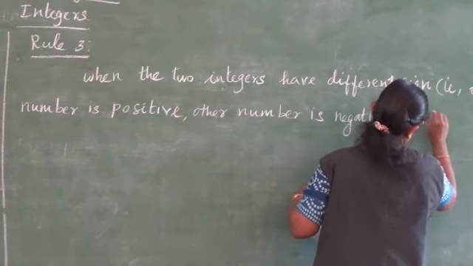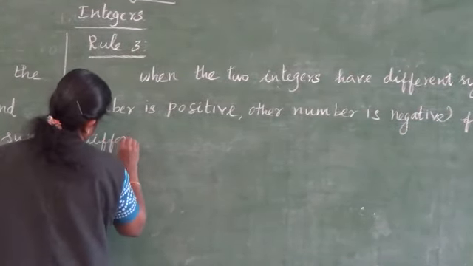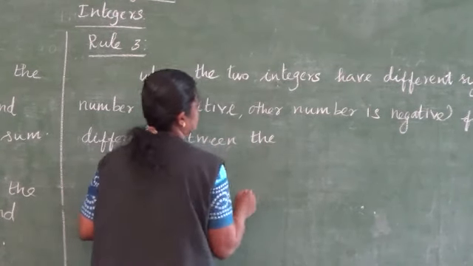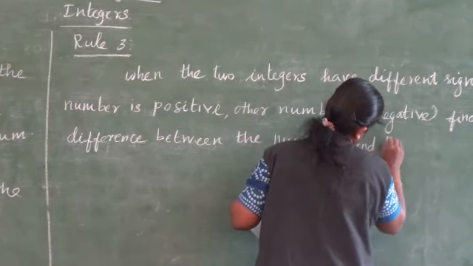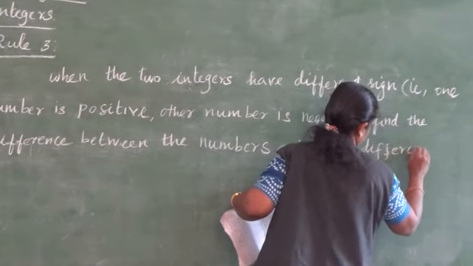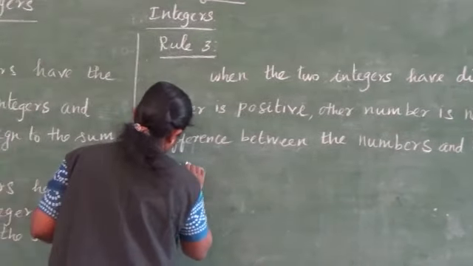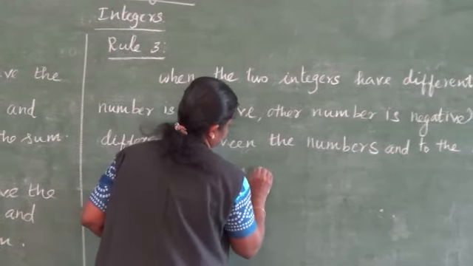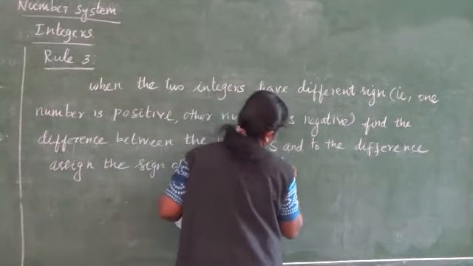Find the difference between the numbers and to the difference assign the sign of the integer having greater value.